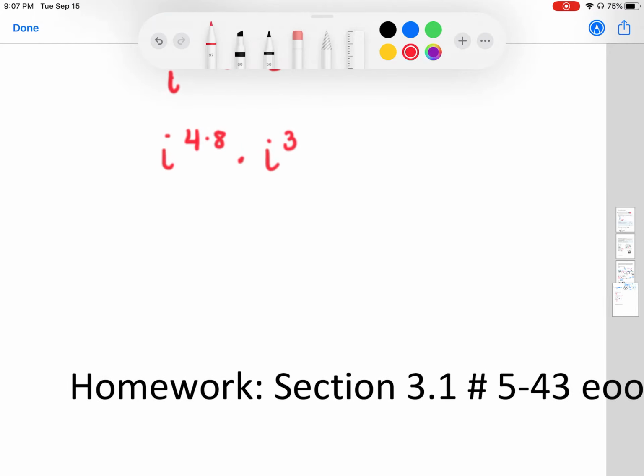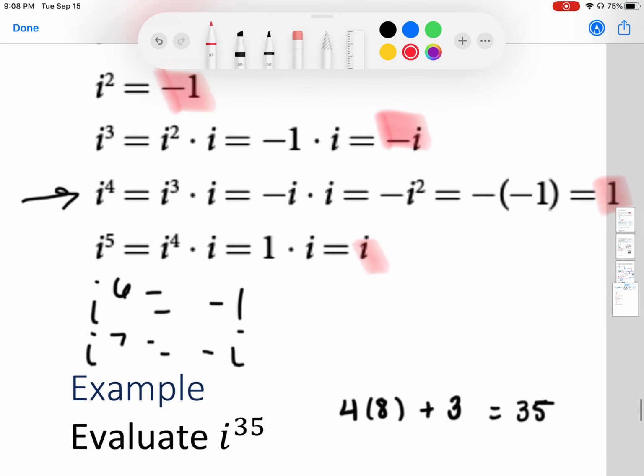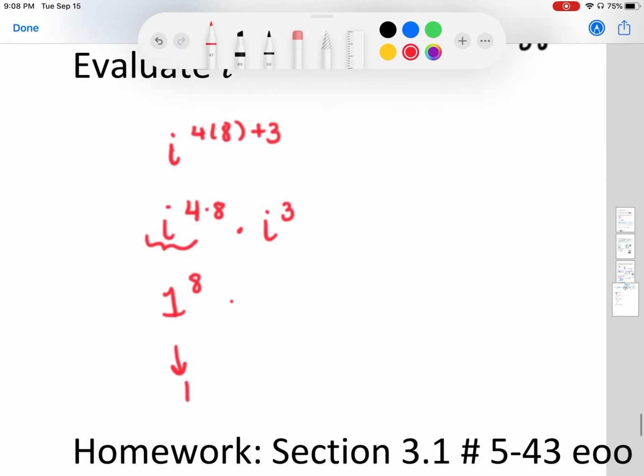Okay, so we know that i to the 4th power is just 1. So we're left with 1 to the 8th power, which again also gives us 1. But what is i cubed? i cubed is negative i. So we're left with 1 times negative i. So our answer is just negative i.